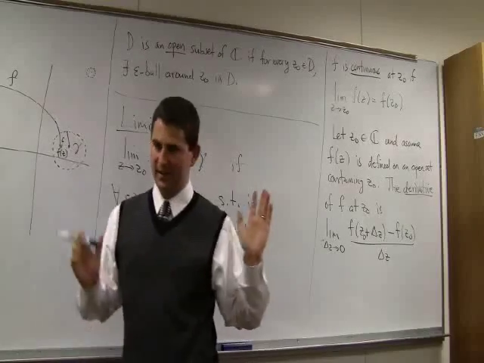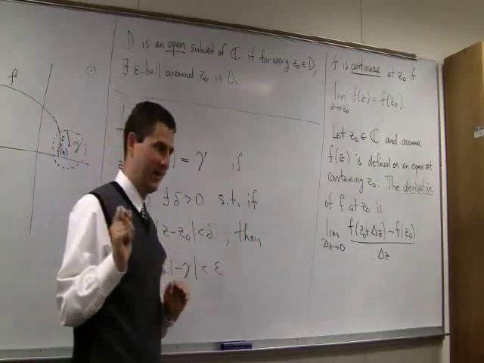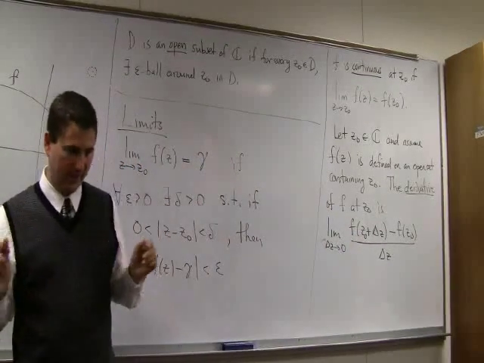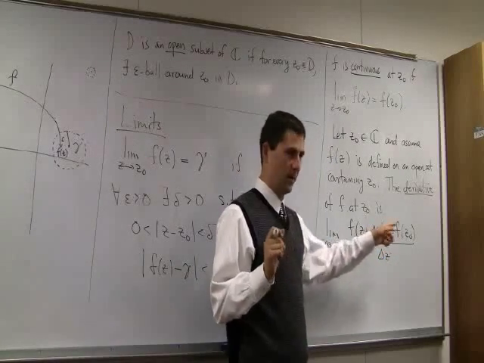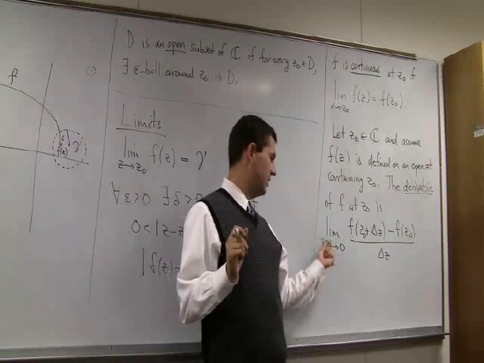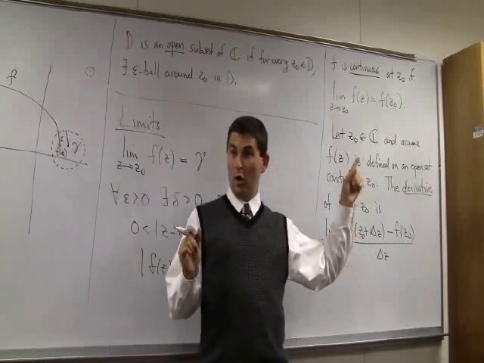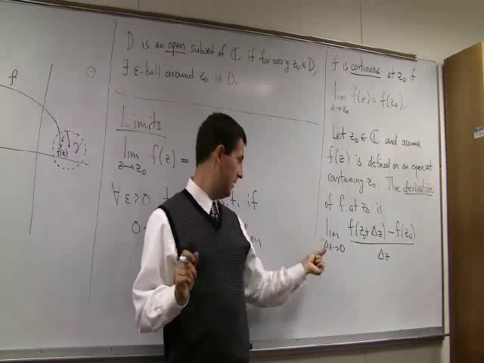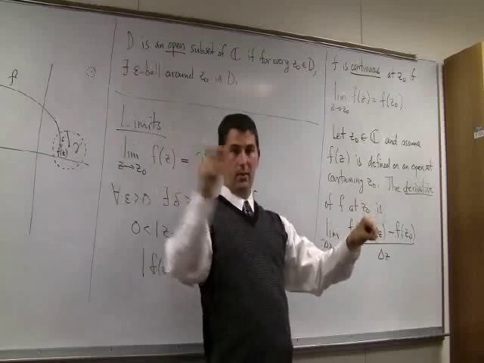This is the derivative. It's exactly what you've seen before. There's nothing new. This is really quite nice, except for one thing. What's the only difference? Before they were x's, now these are all z's. This delta z going to 0, the important thing is it can go to 0 from a lot of different directions. This is some small z, and it can go this way, this way, and this way.